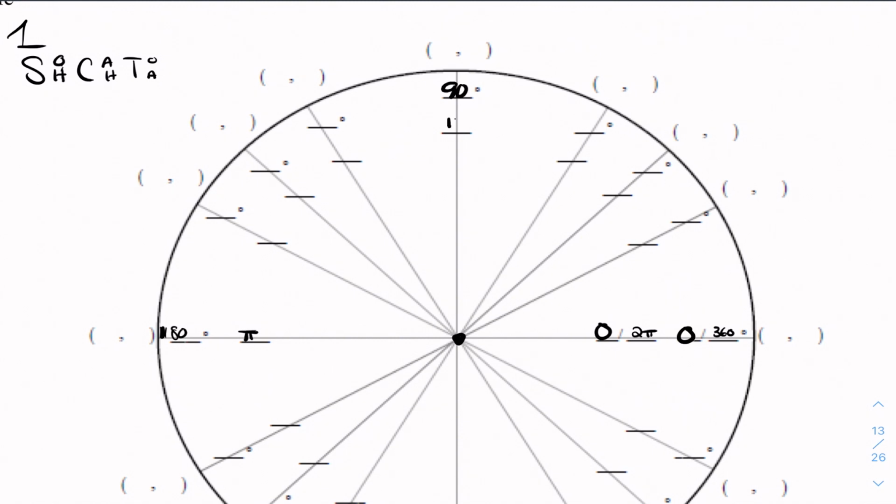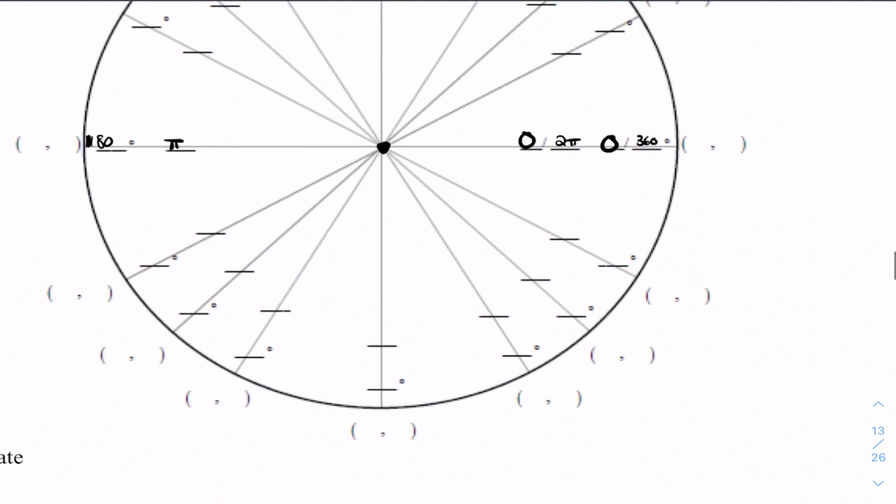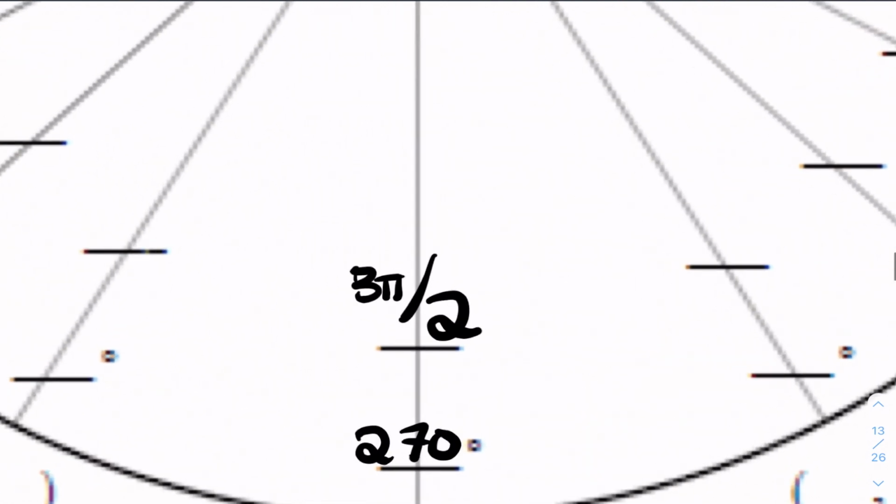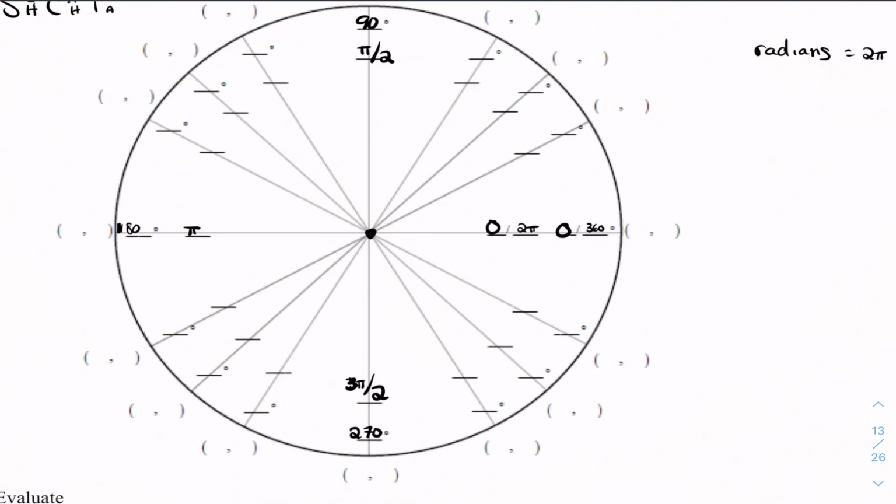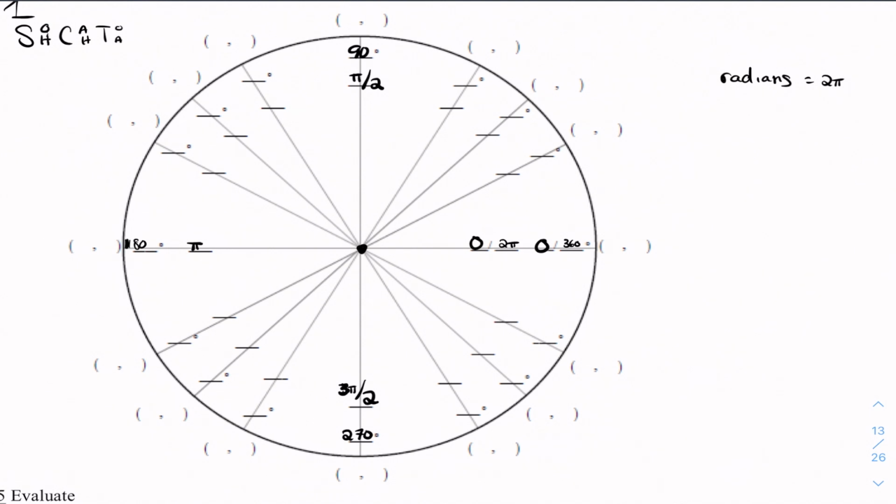Half of pi is pi over 2. We could also do the other side: halfway between 180 and 360 is 270 degrees. Halfway between 1 and 2 is 1.5, so we write 3 pi over 2. So now we have all of our quarter marks.